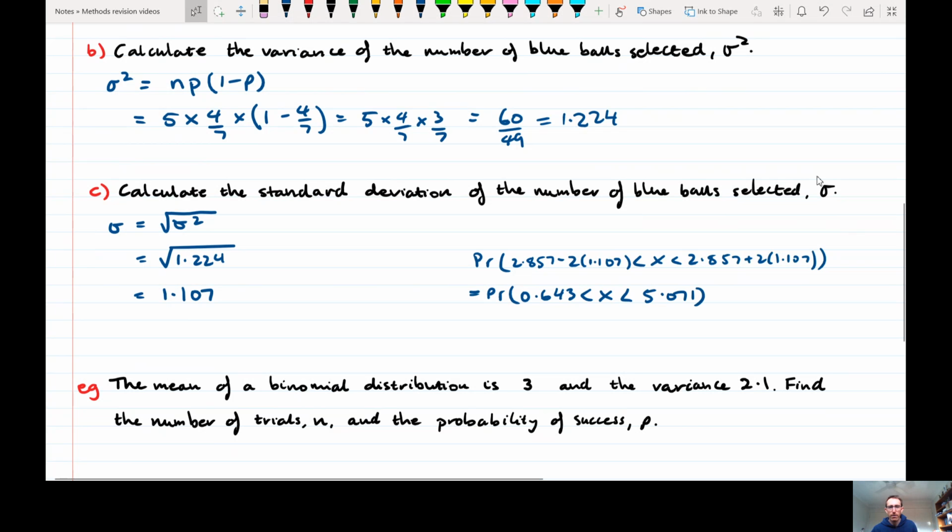If I was to calculate that probability, that's going to be approximately 0.95 or 95%.